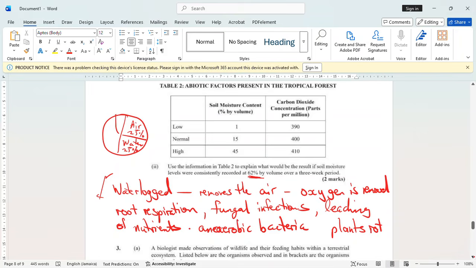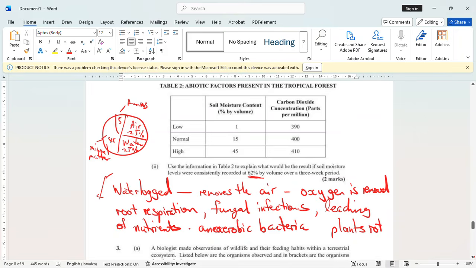We have our mineral matter, which is the silt, the sand and the clay, and this is 45. And then we have the humus, the organic matter. Now the thing is, water and air always add up to 50%.